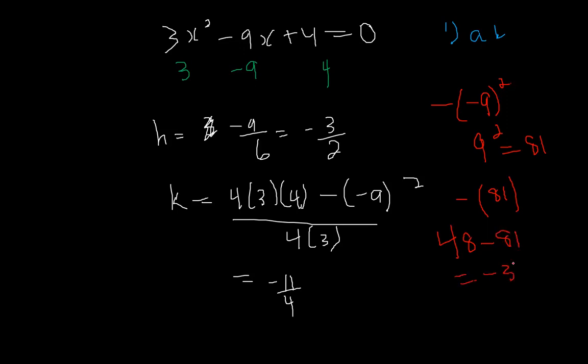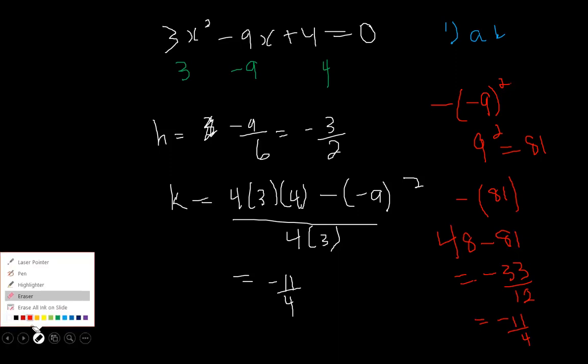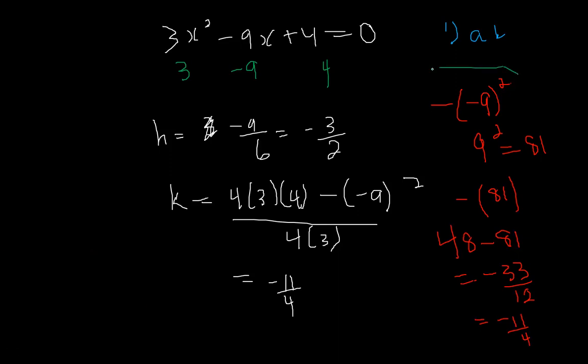And I'll give you minus 33 on 12, which reduces to minus 11 over 4. So no, I didn't mess up on that. Just remember this versus this, right?